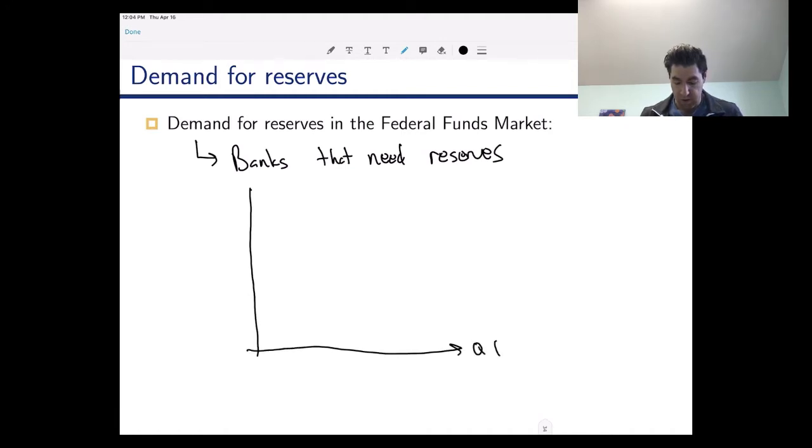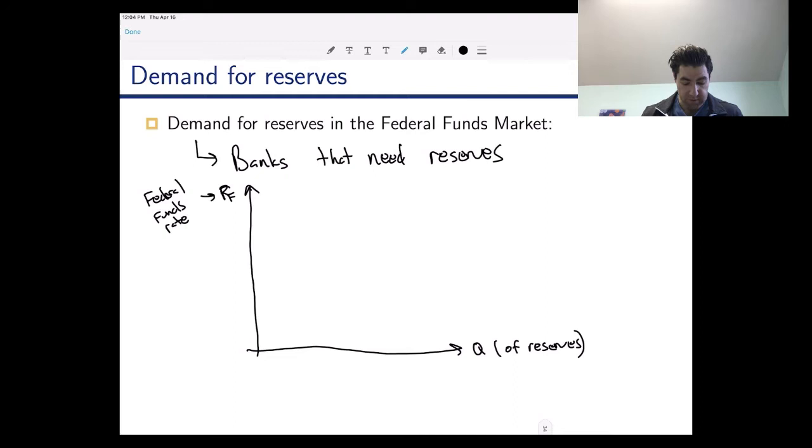So if I draw the quantity of reserves on the horizontal axis, and the price here is going to be the federal funds rate. So I'm just going to call that RF. Maybe I'll call it capital RF for the federal funds rate.